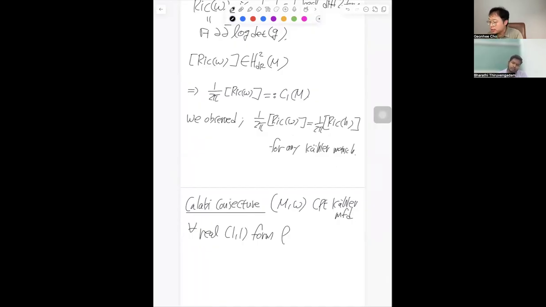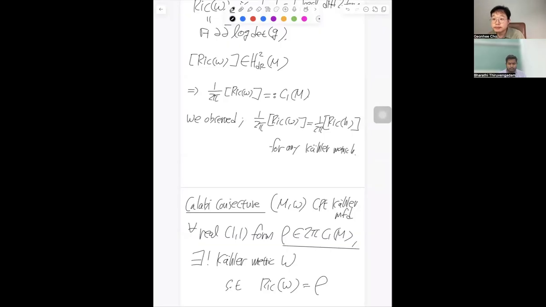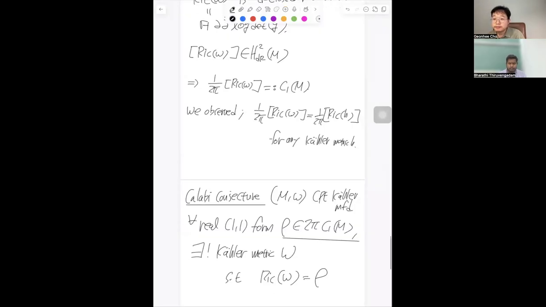For this one, we should say it belongs to 2 pi c1(M). If this condition is not satisfied, then we cannot realize that Ricci form. That's not possible; that's what the previous argument already says. So we'd like to say there exists a unique Kähler metric omega such that the Ricci form of omega is rho.